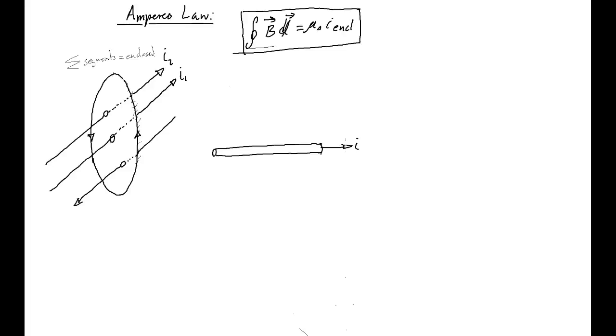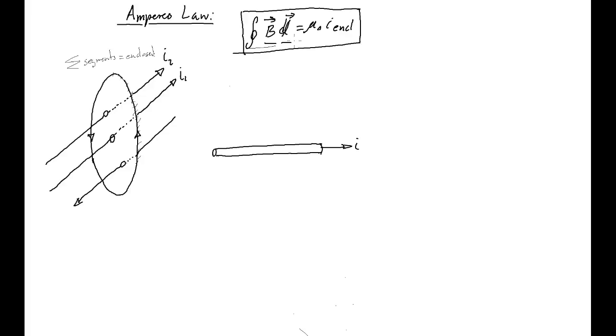So you want to choose a shape where the magnetic field is constant everywhere and oriented in the same direction as your line of integration. Because if the magnetic field vector and the line of integration vector point in the same direction, the dot product nature disappears, since it's the cosine of the angle between, which is always 0, and cosine of 0 is 1.